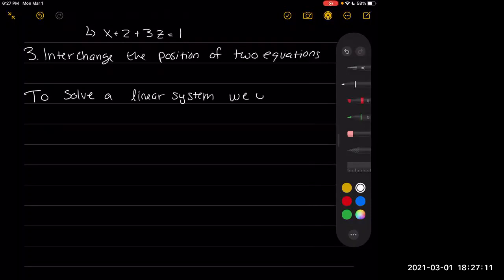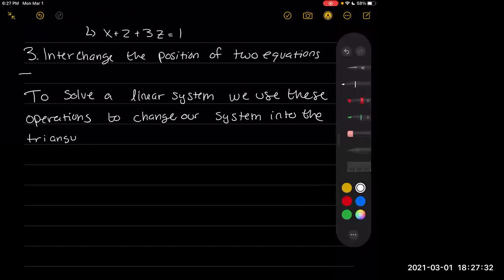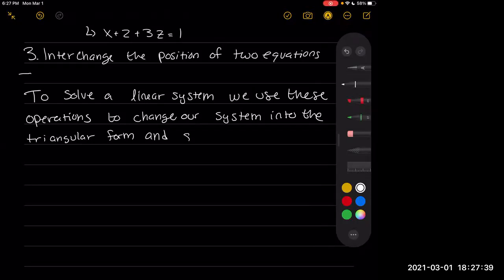We use these above operations to change our system into the triangular form, and then solve with back substitution.